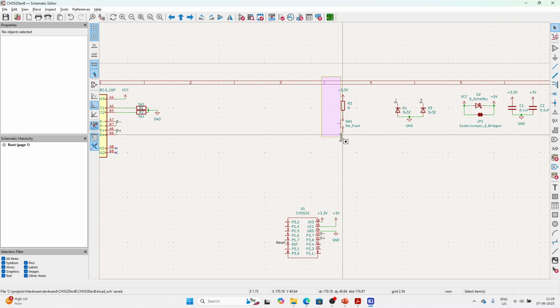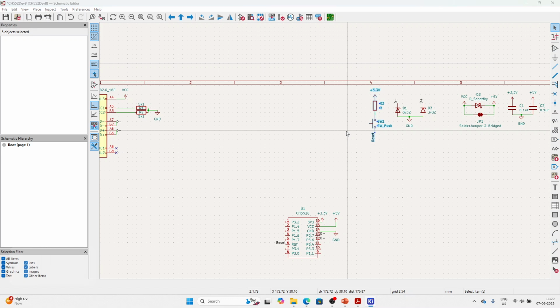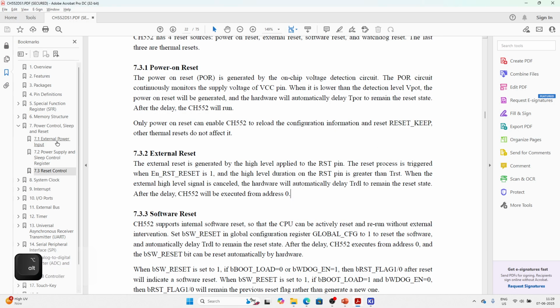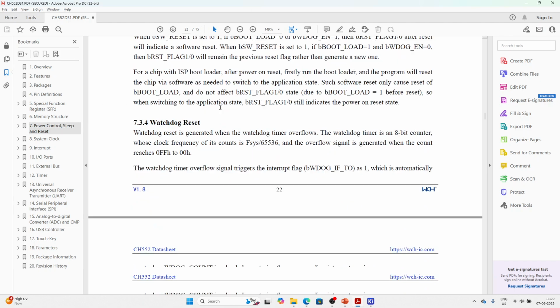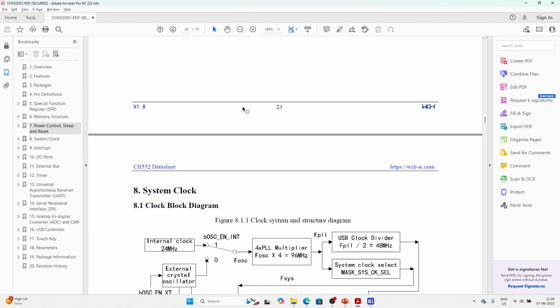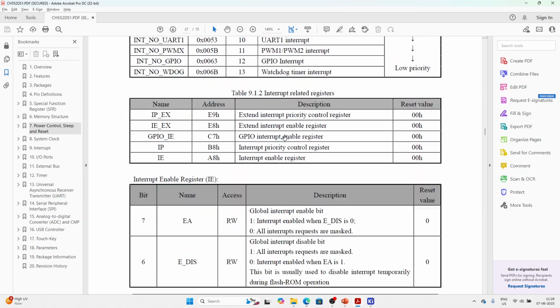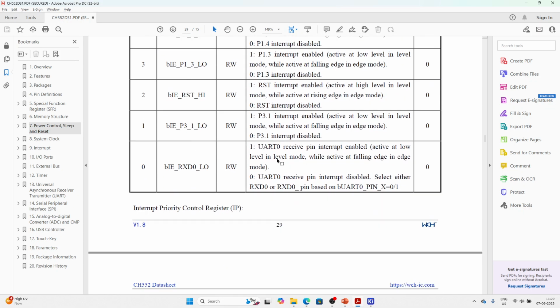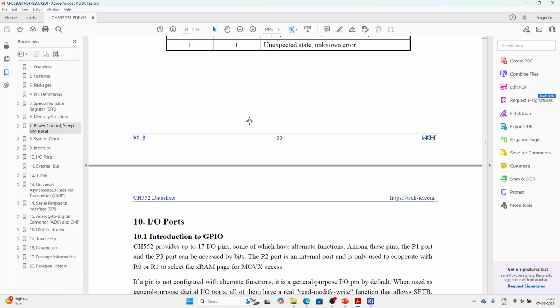Now coming to boot, or how do I send the boot command? For that we need to look at a particular page. I'm just traversing through. I've read this particular 75 page booklet already.